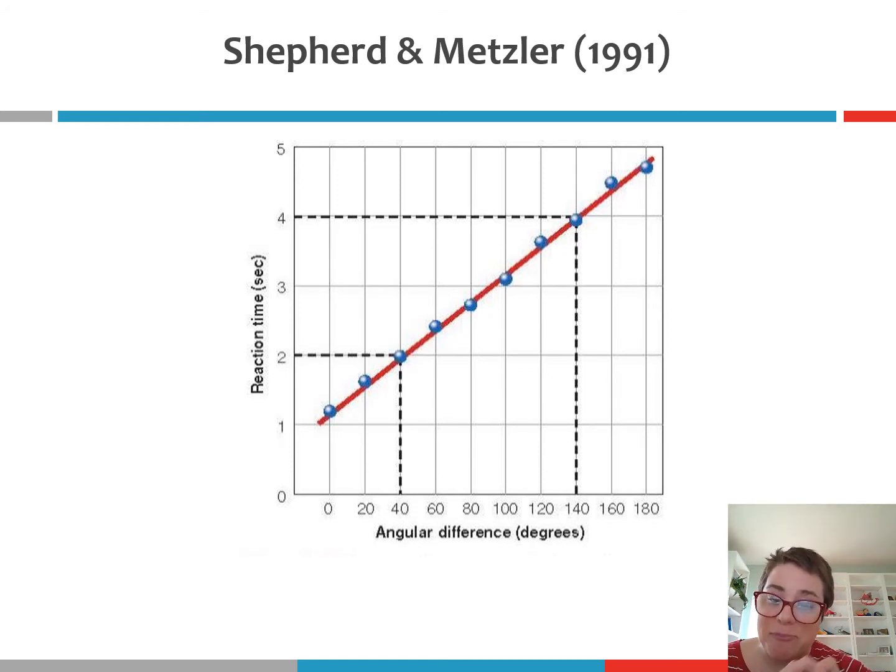And by mentally rotating the object, that helps them answer the question: is it the same object or a different object? So obviously, the more rotated the second object is, the longer it's going to take them to answer, because the more mental rotation they themselves have to do in real time in order to arrive at the answer.